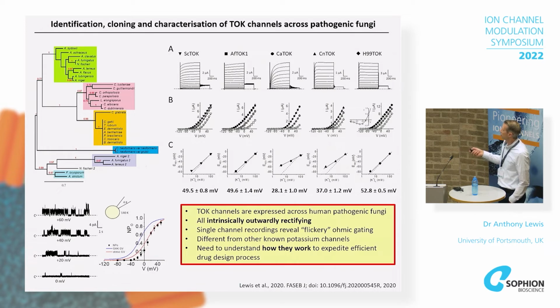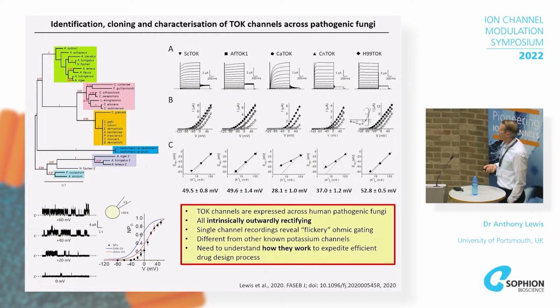And we found 25 species of human pathogens expressed or encoded a TOK-like channel. We cloned TOK channels from Aspergillus fumigatus, Candida albicans, and then 2 strains of Cryptococcus neoformans. So this is variety neoformans and variety grubii.